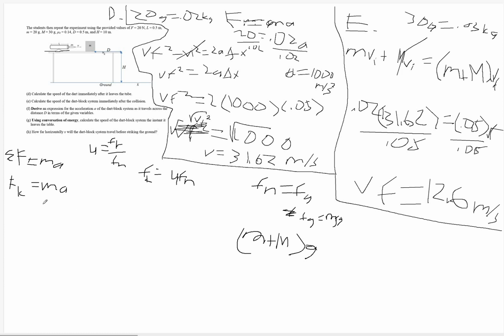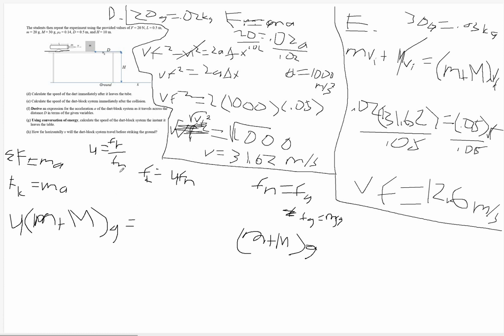Therefore, if we put it back into this force equation, Fk is equal to mu times Fn, and Fn is really just lowercase m plus capital M times gravity.